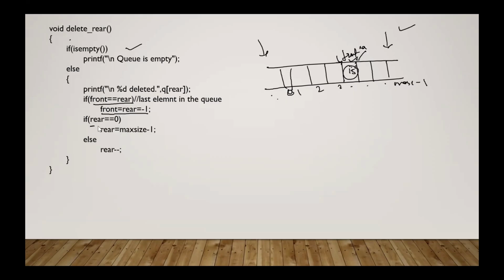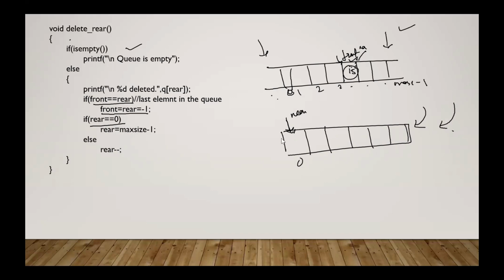This is the case. Otherwise, if the rear equal to 0, so for example, here we have to delete from this side. So this is the 0 pointer. If it is a 0 pointer and our objective is to delete this way, for example, 10 is deleted, after that 20, 30, 40, 50 elements are there.